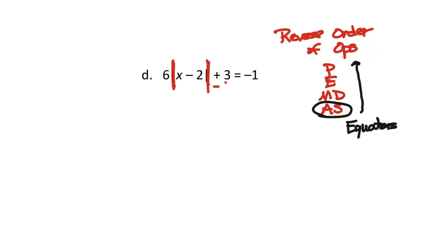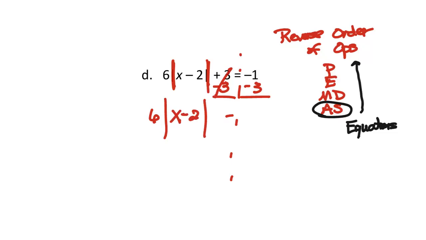So that's why I'm going to subtract 3, and I subtract 3 on the other side of the equal sign. So then I get 6 times the absolute value of x minus 2 is equal to negative 1 minus 3, which is negative 4.